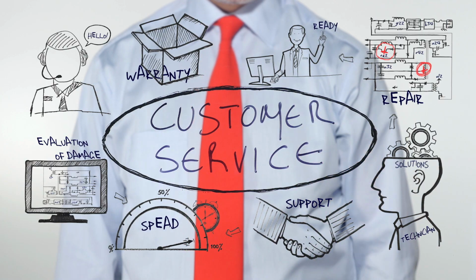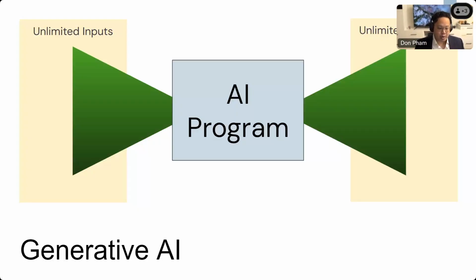Now, the final tier is what we call generative AI, where not only are the inputs unlimited and undefined, your responses are also unlimited and undefined. ChatGPT really straddles the second and third iterations. I bring that up because I'm sure everyone here is most familiar with it.